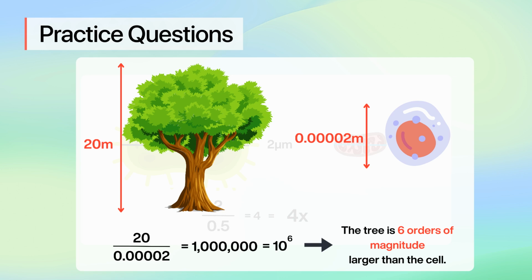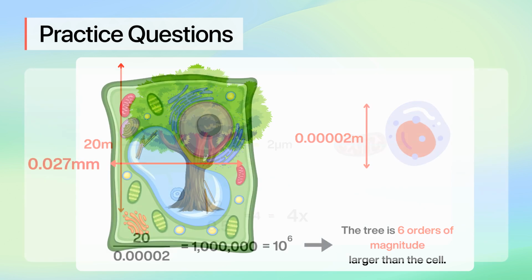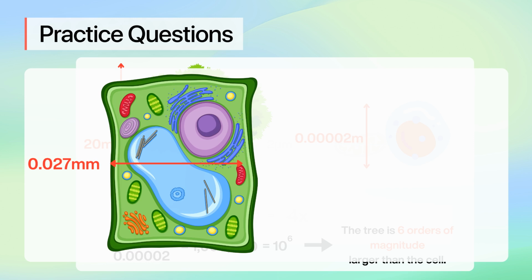Finally, let's look at an example of expressing sizes in standard form. Suppose we want to express the width of a leaf palisade cell in standard form. The width of a leaf cell is 0.027 millimeters. To express this in standard form, we must first convert 0.027 into a number that lies between 1 and 9.